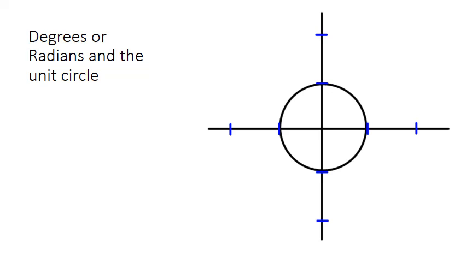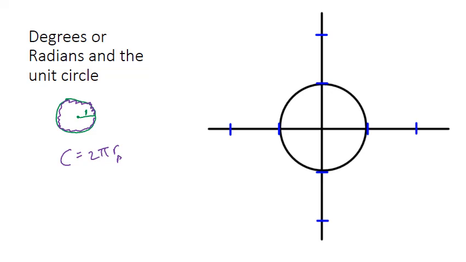Well, we want to make an observation first. We said that we're dealing with a unit circle. So basically the radius of that circle has to be 1. So how would we describe the distance around that circle? Well, we know that we would use the formula for circumference, and that circumference is equal to 2 times pi times the radius.